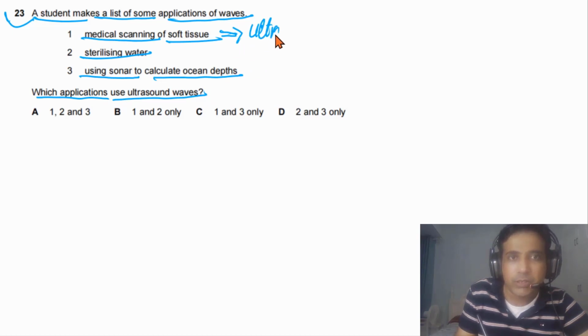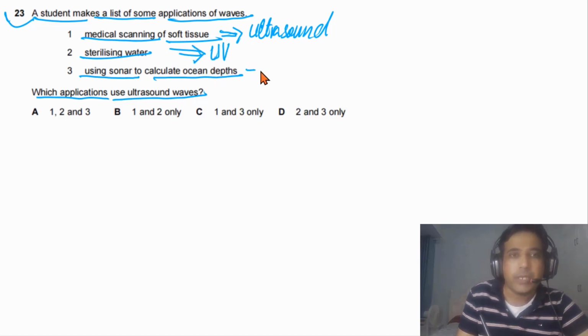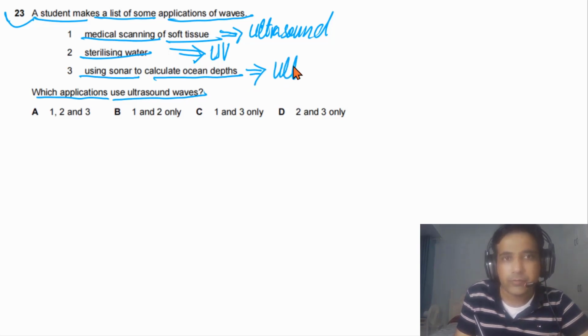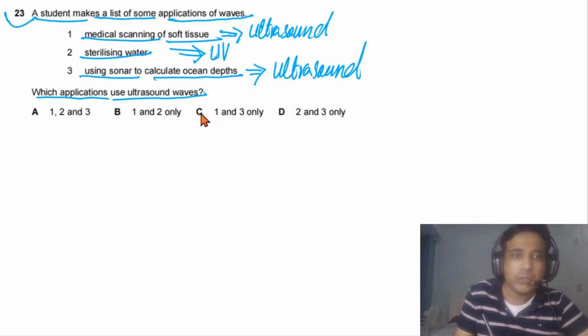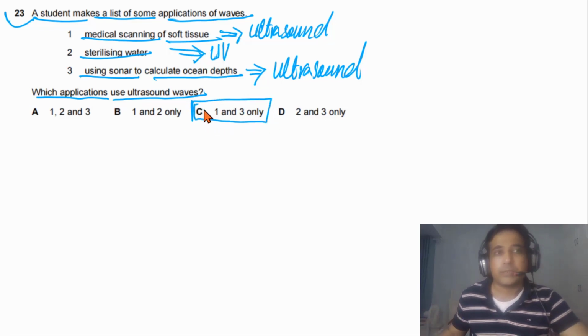For purification of water, we can use UV light. And for ocean depth, in sonar, ultrasound waves are used. So the answer is C, 1 and 3 only.